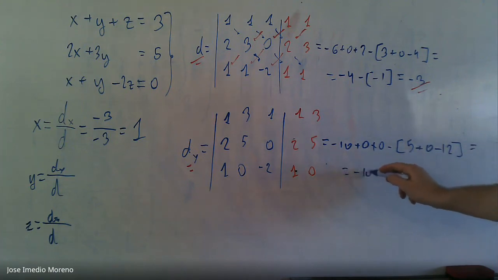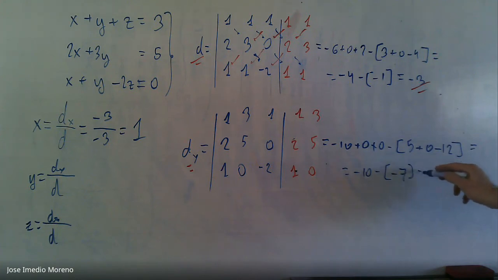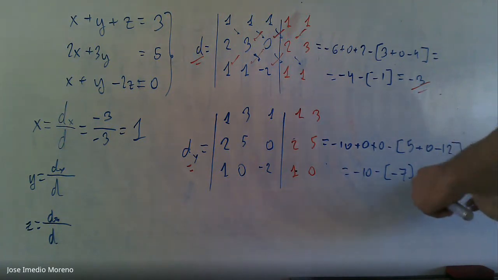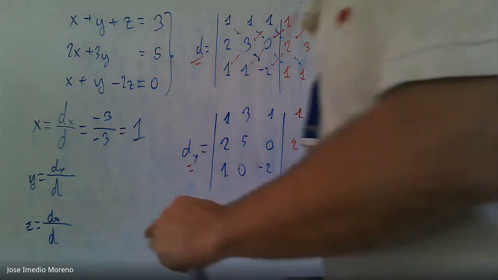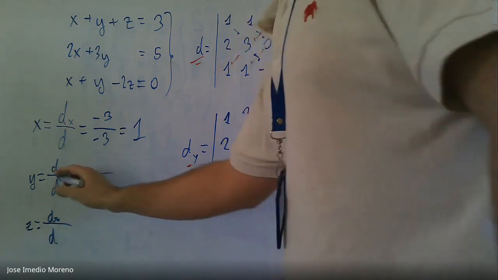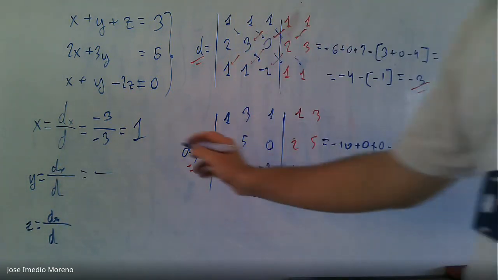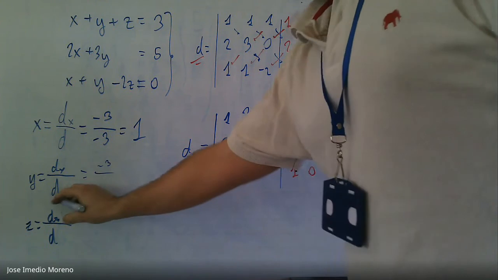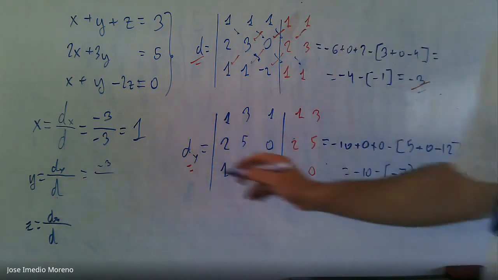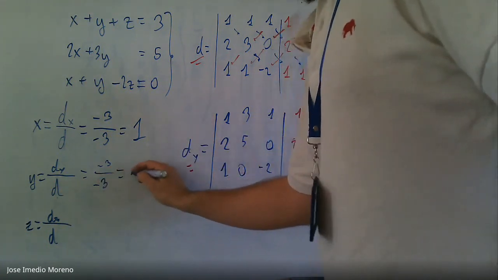And this is minus 10 minus 7, which is minus 10 plus 7, minus 3. Minus 3 again. So once again, y equals D sub y, which is minus 3, divided by D, which is also minus 3, and it gives me 1.